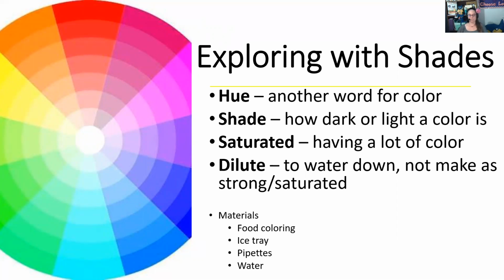And what you do is you put food coloring and water in a little ice tray, or you can use little cups. And then you can show how you can add more water to the different cups with a little bit of color, and you can create different shades of the same color by diluting in water.